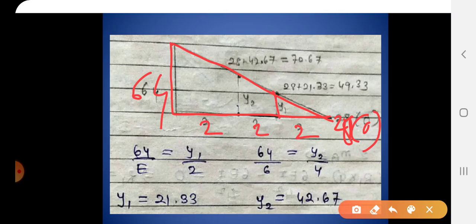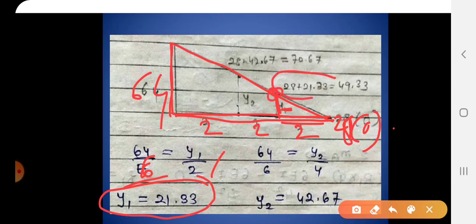So by using the property of similar triangles, 64 upon 6 is equal to y1 upon 2. Okay, so accordingly you have found the value of y1. This ordinate will be 28 plus y1.